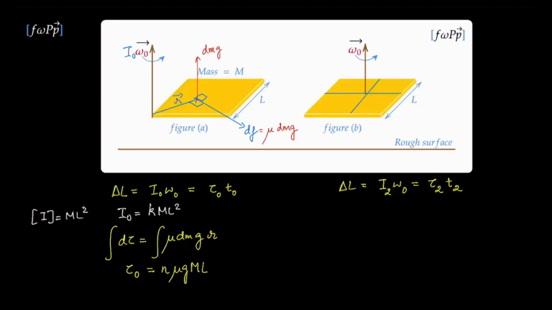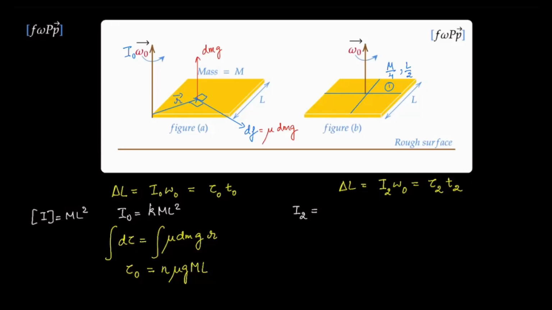Once that is recognized, the moment of inertia in the second case must be equal to, what are the counterparts? The mass of this first one is 1/4 the mass. The length of the side is L by 2.